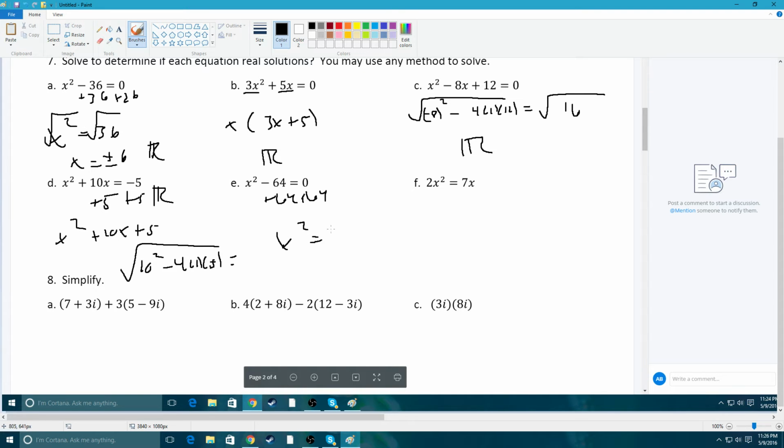X squared equals 64. And that's going to end up being a real number. This one, 2x squared minus 7x. I just subtracted 7x from both sides equals 0. And this is x times 2x minus 7 equals 0, which is real. So, wow, they're all real numbers.